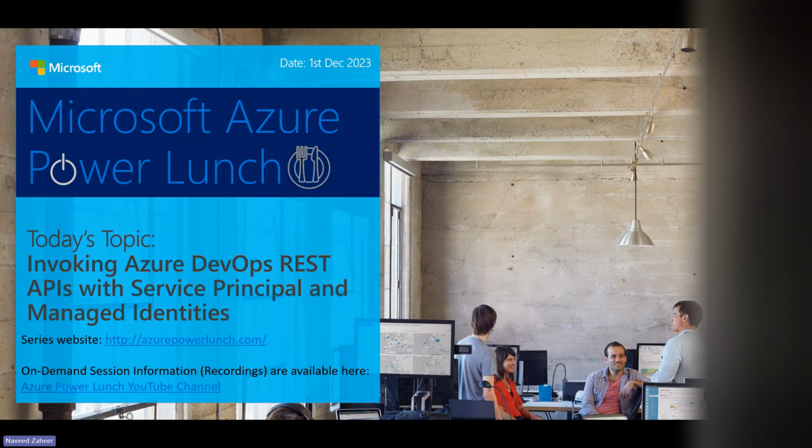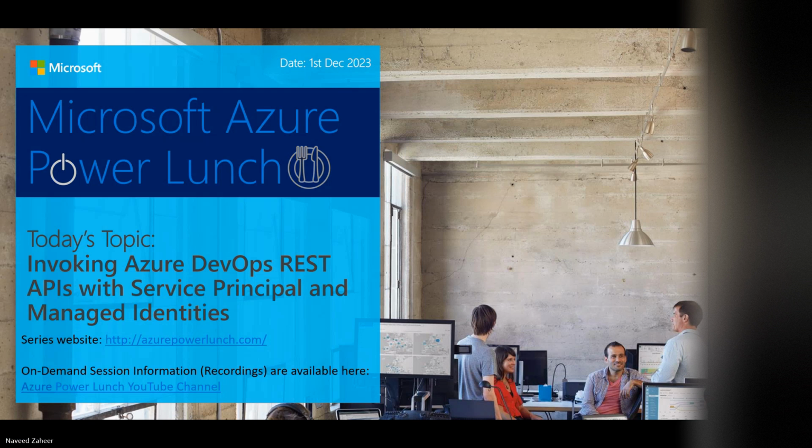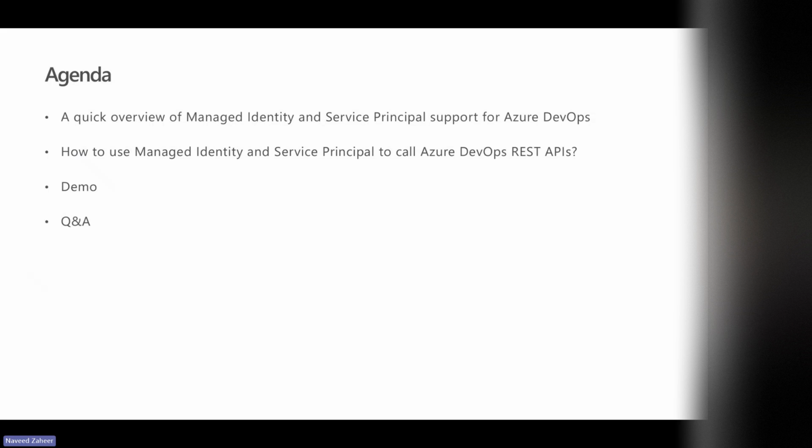So with that, we will move on with our topic of discussion, which is how you can use Service Principal or MSI to invoke ADO REST API. That's a very simple topic. We have already talked in a past session about Azure DevOps.